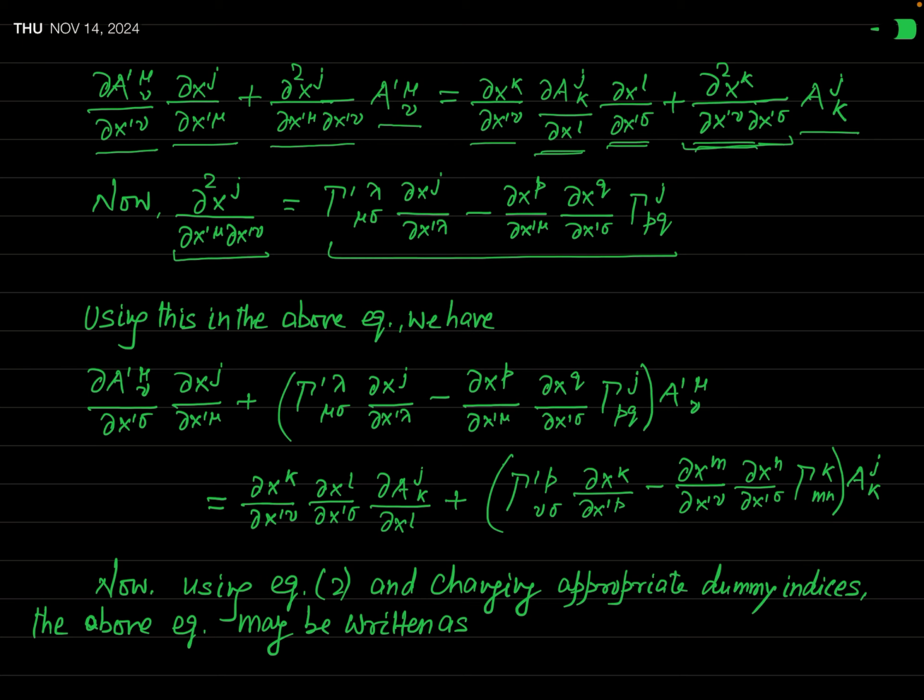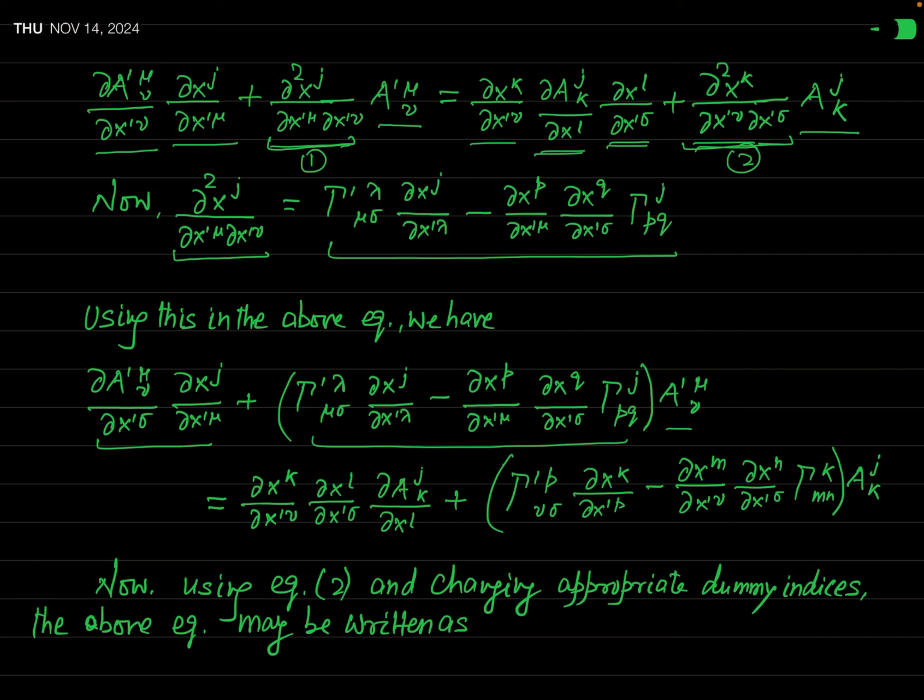So now let us see, when you substitute the values for the second order partial derivative, one in LHS and the other in RHS, what will be the result? You can easily see. The first term in LHS is as it is, and in place of del square xj by del x prime mu del x prime nu, you may write this much, as I have told you, and A prime mu nu is as it is. Now see the terms in RHS.